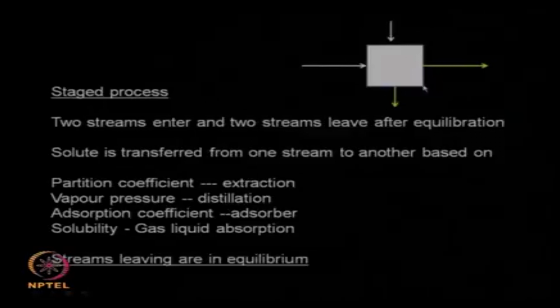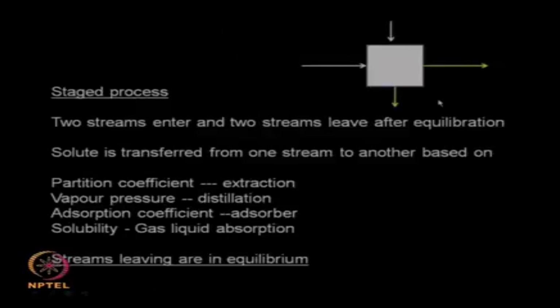And in a stage process solute is transferred from one stream to another. So in the adsorption what happens, the solute is transferred from the liquid to the solid, but in the desorption you can have the other way, the solute can be transferred from the solid to the liquid, that is the desorption. But something is happening, you have many streams mixing, there is an equilibrium taking place and the streams are leaving, that is what is called a stage process.